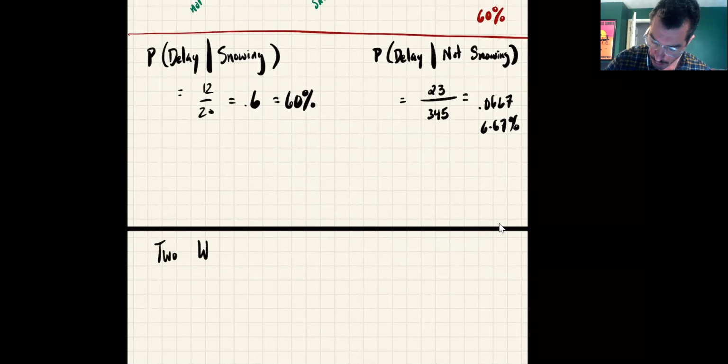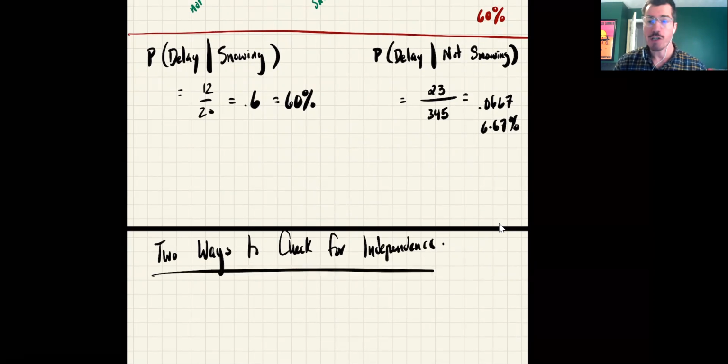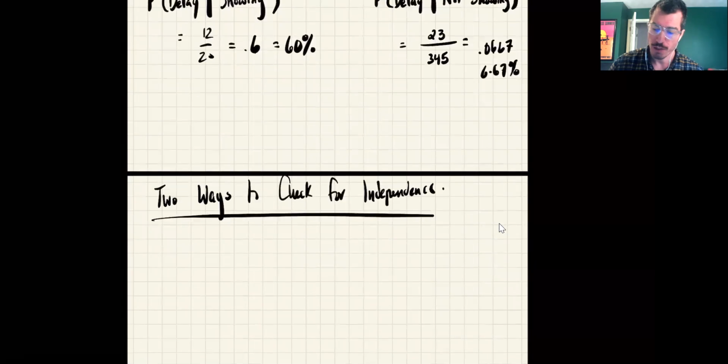So what we can say is there are two ways to check for independence. Okay, we just showed that these events were dependent. So let's see what would happen if they were independent.